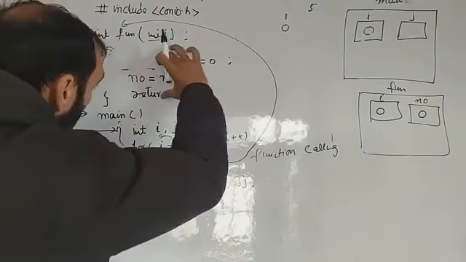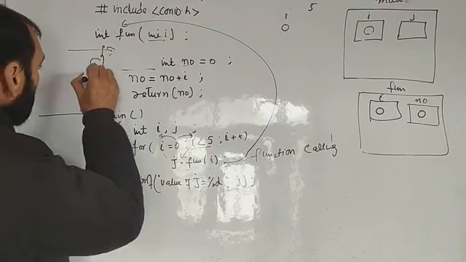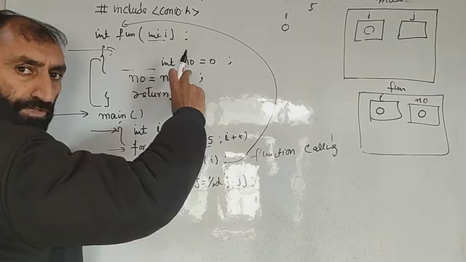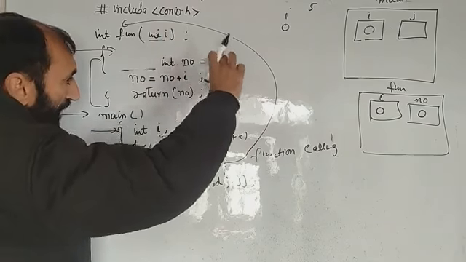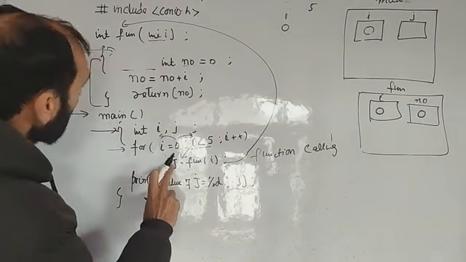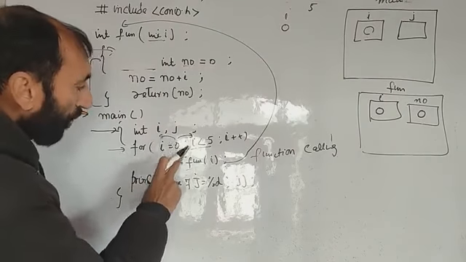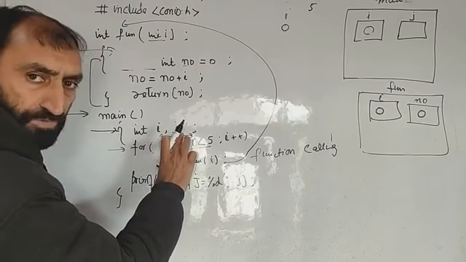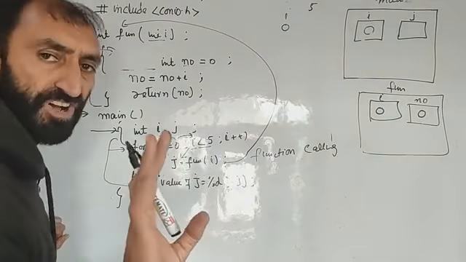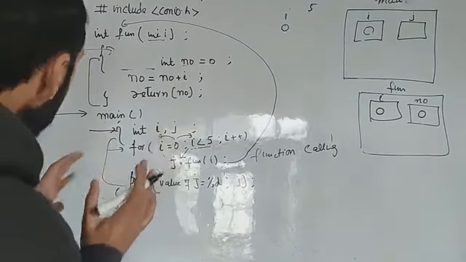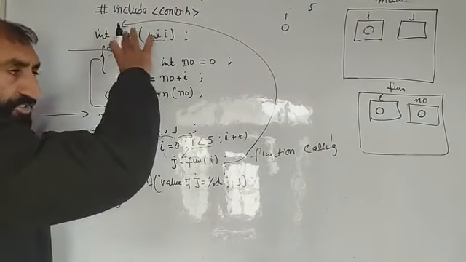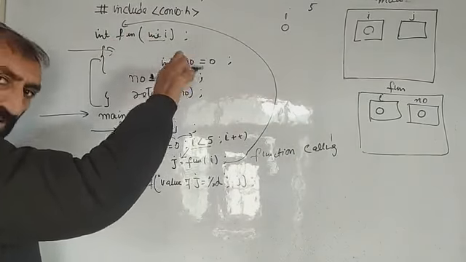The scope of this variable is only within this function. For example, the scope of i and j is within this function, and in the same way this variable is local to this function.